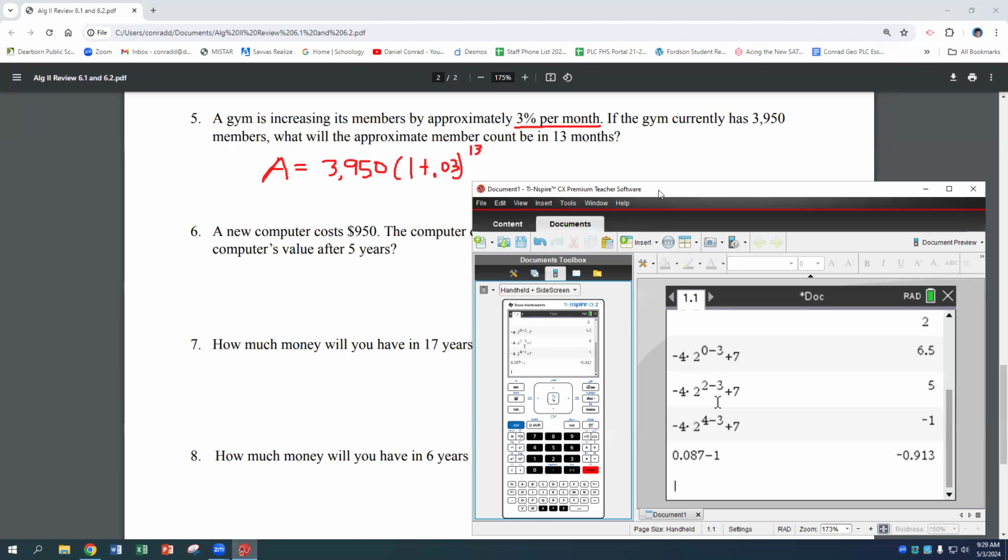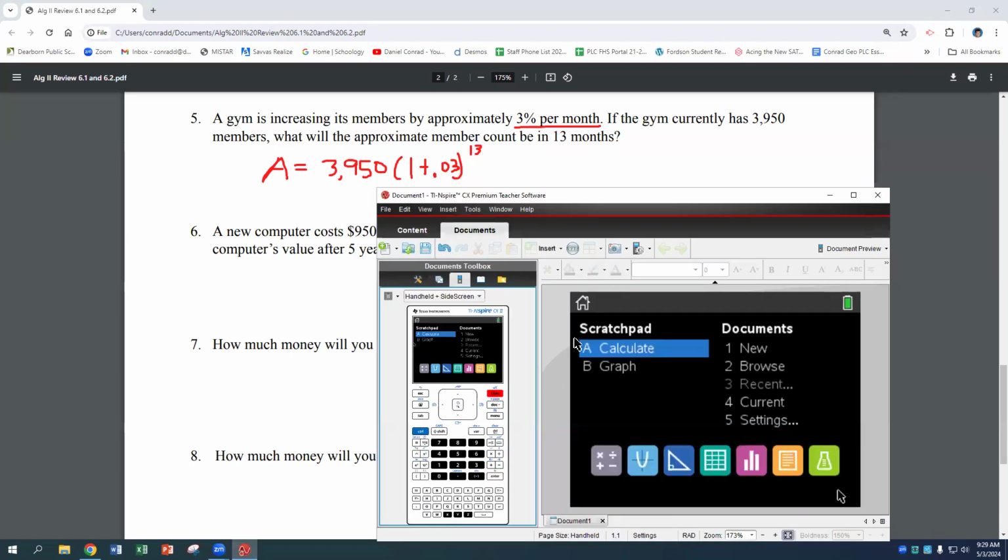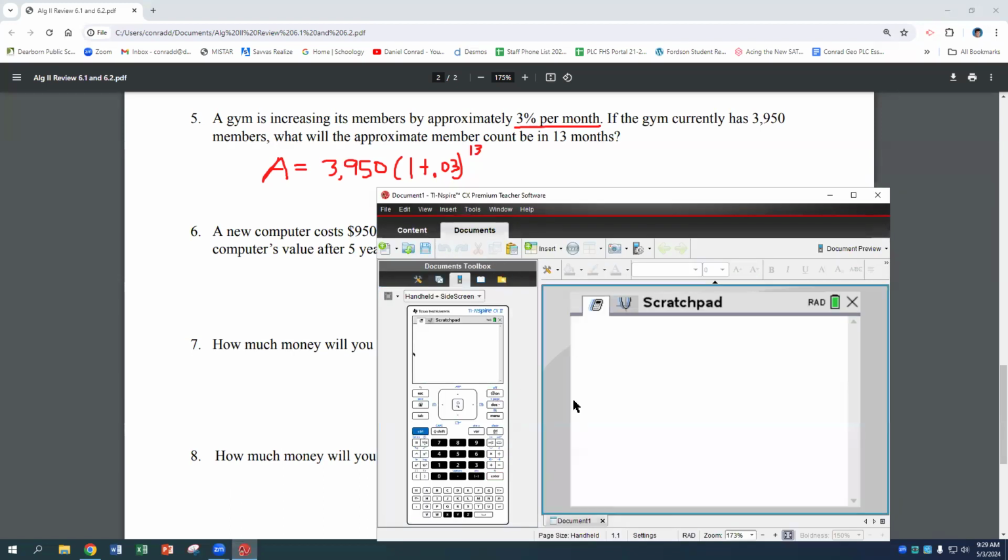Okay, from there we can just put that in our calculator. So let me pull up my calculator. All right, so we have 3,950. And then in parentheses, we have 1.03 or 1, you could even do 1 plus 0.03, to the 13th power.